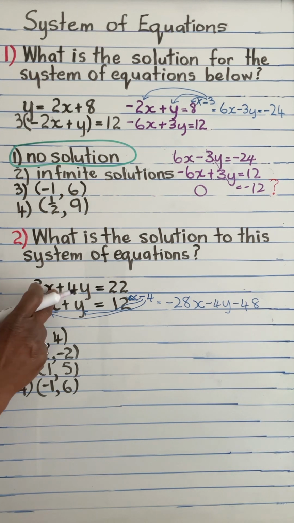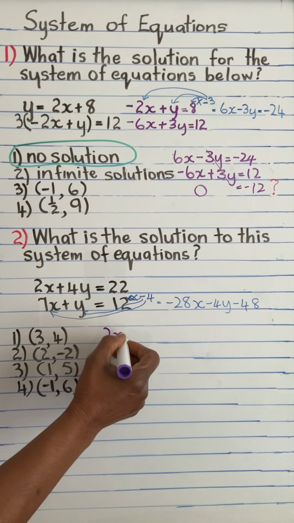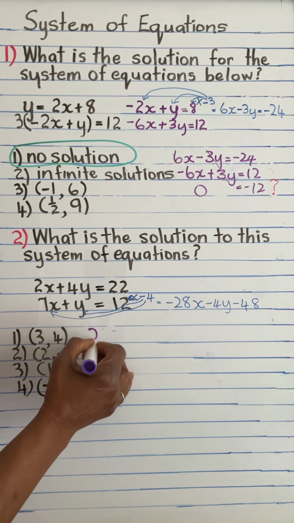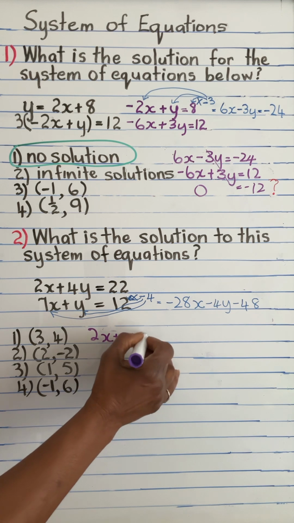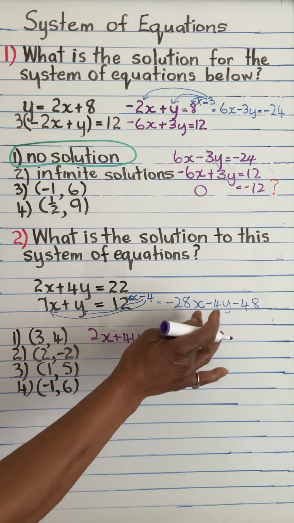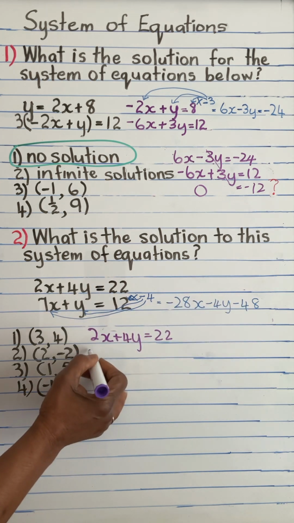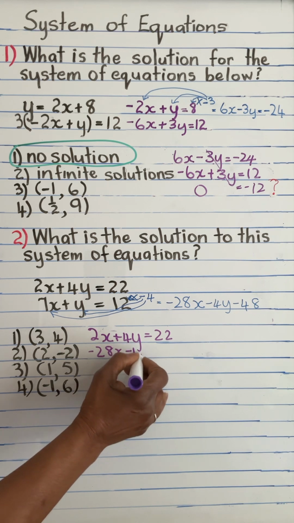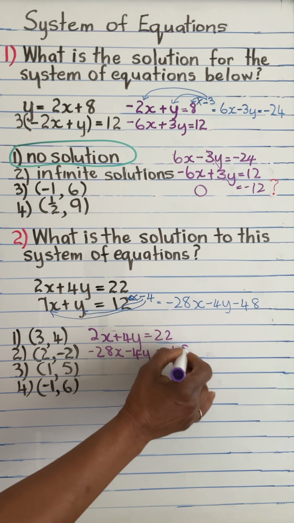So our first equation is 2x plus 4y is equal to 22, and then our second equation is now negative 28x minus 4y is equal to negative 48.